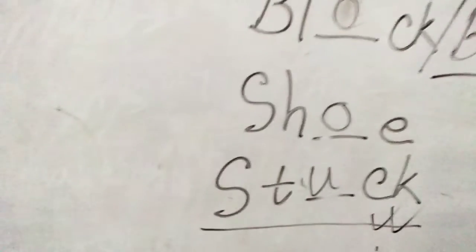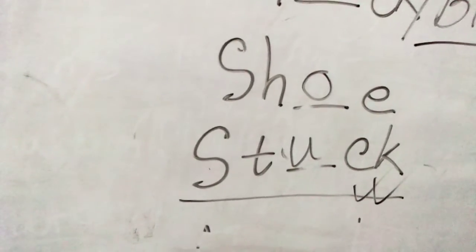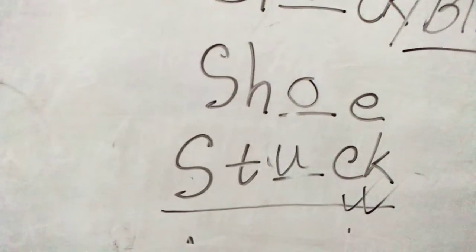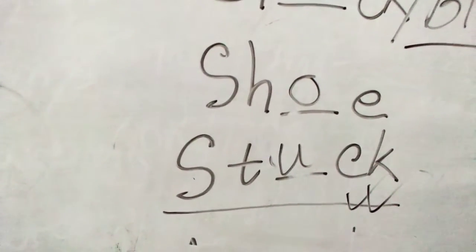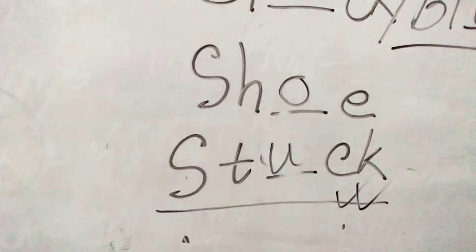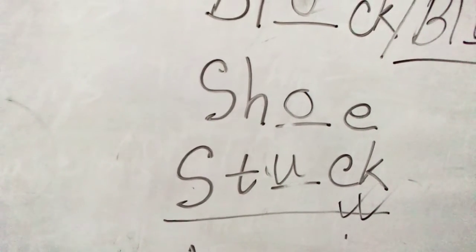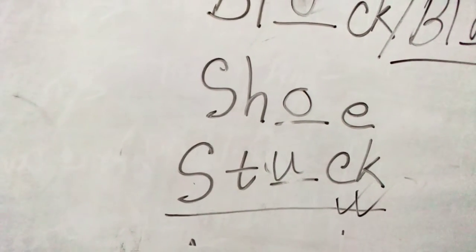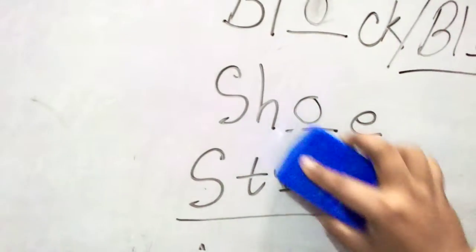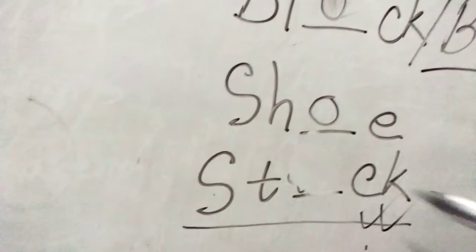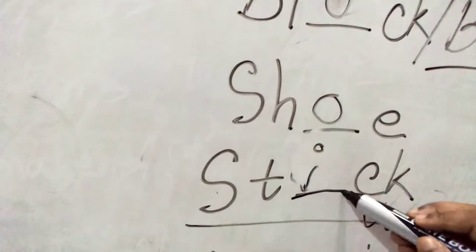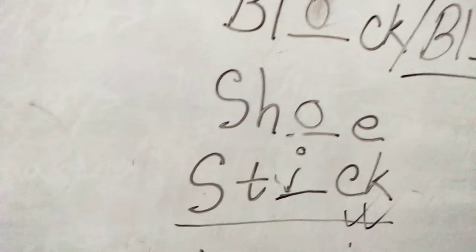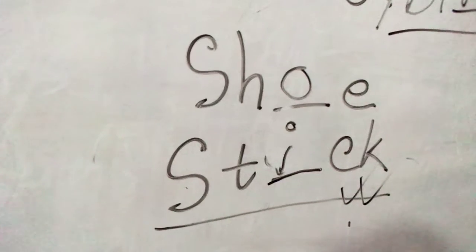These are not commonly used words. At least maybe we didn't have this type of word in our EFT book. So let us write something that we already learned in our EFT book. If I put I, then it becomes stick. Stick means the wooden piece. Remember? Got it?